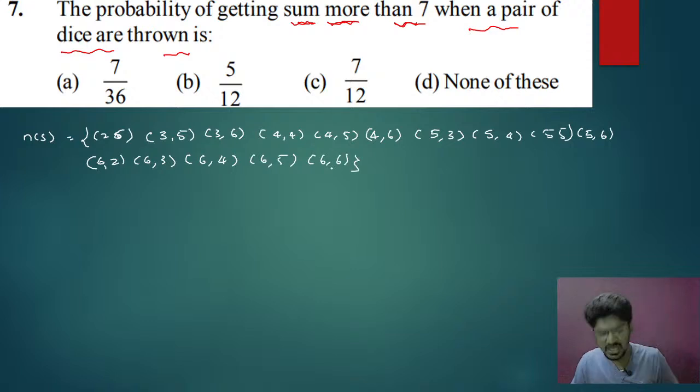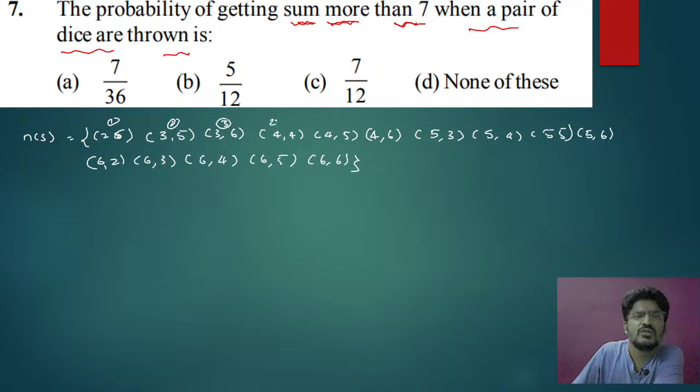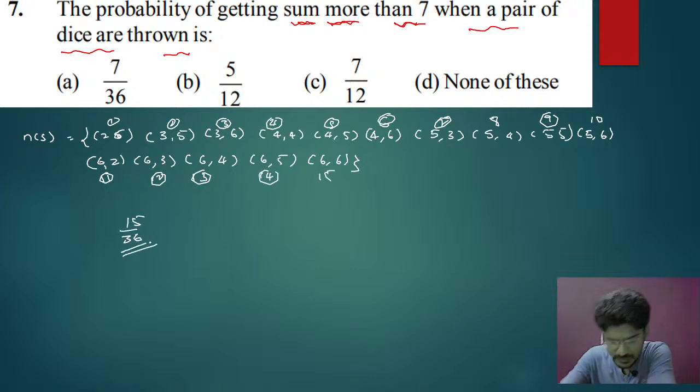These are the sample spaces whose sum is more than 7. Counting them: 1, 2, 3, 4, 5, 6, 7, 8, 9, 10, 11, 12, 13, 14 and 15. So it will be 15 by 36.